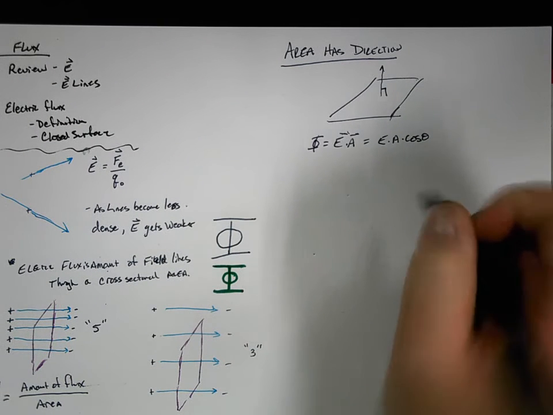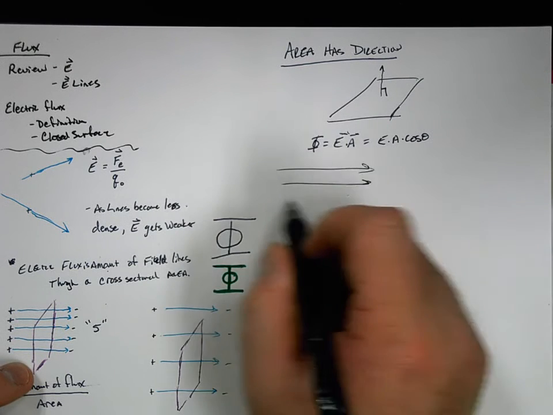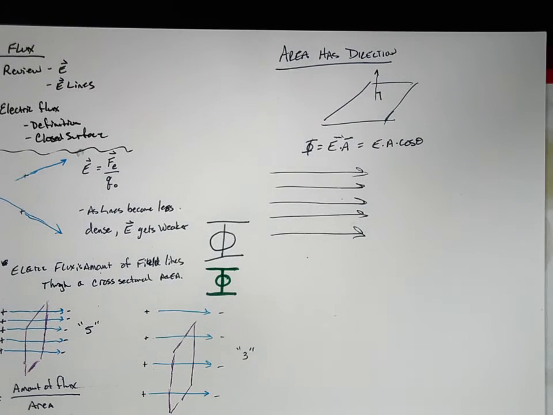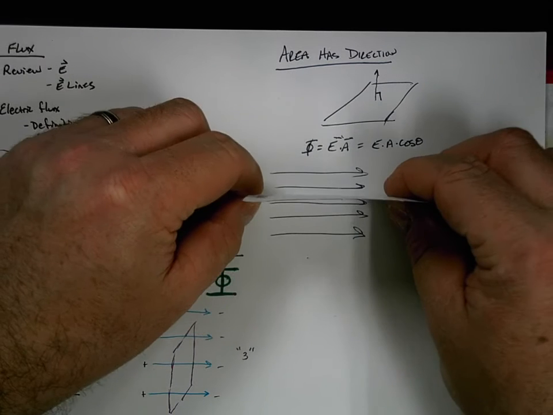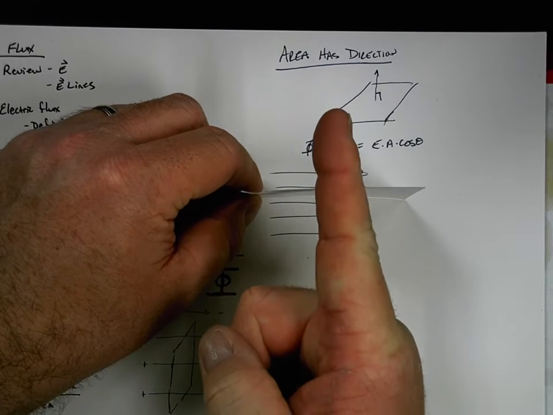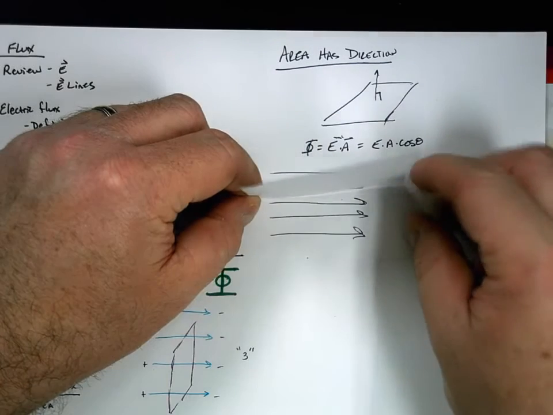Okay, so let's draw an electric field here. If I take a sheet of paper and I hold it here, the normal vector is that direction, right?